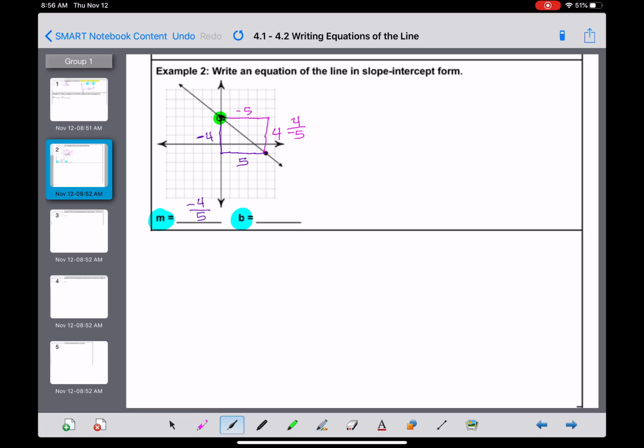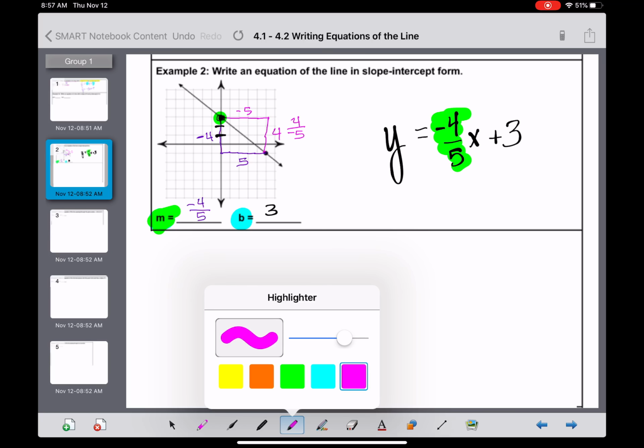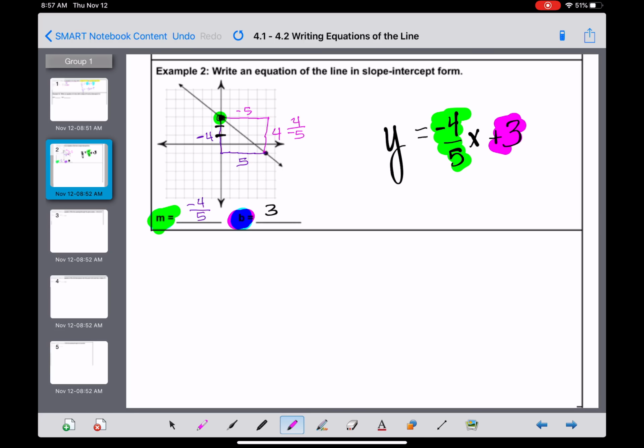So for my y-intercept, I went up 1, 2, 3 units. My y-intercept is 3, and my final line is y equals -4/5 x plus 3, filling in for the m and for the b.